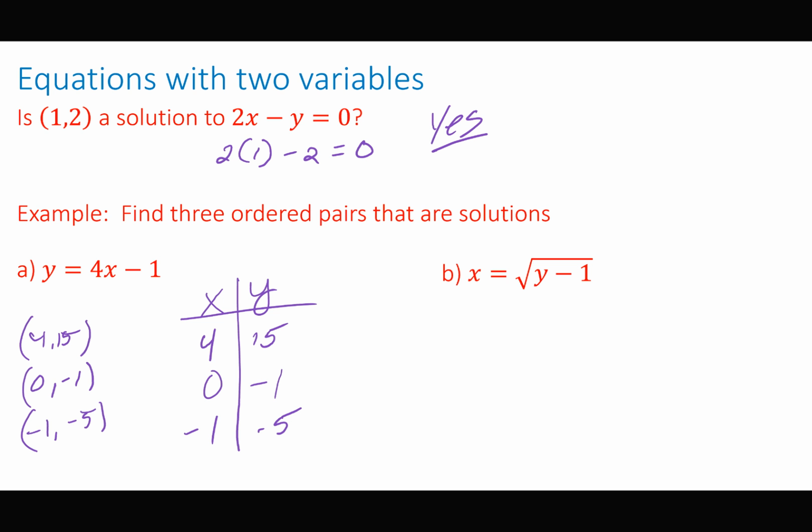Okay, let's do it again. But now I have an equation set up. X equals square root of y minus 1. Same thing though, I can make an XY chart. It's a quick 2-column chart.